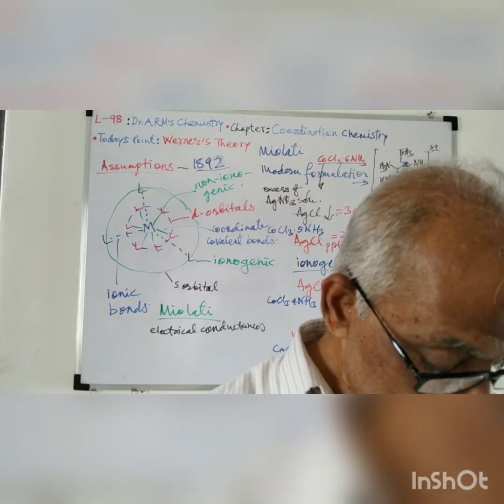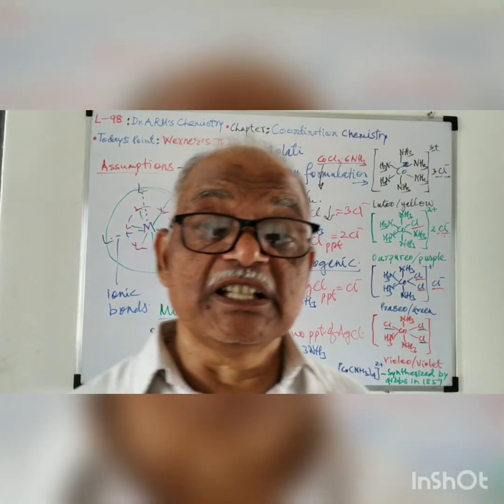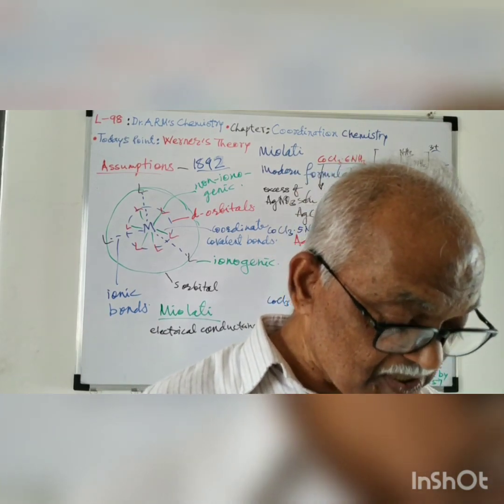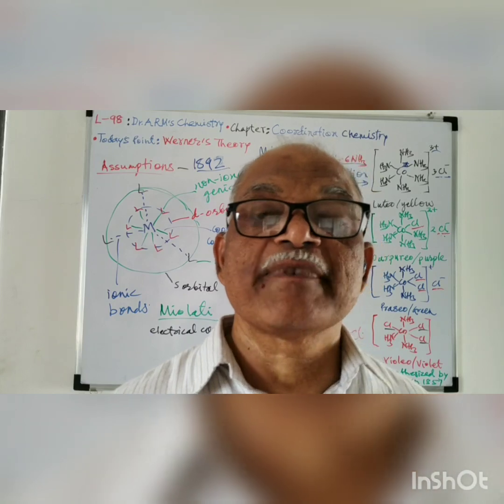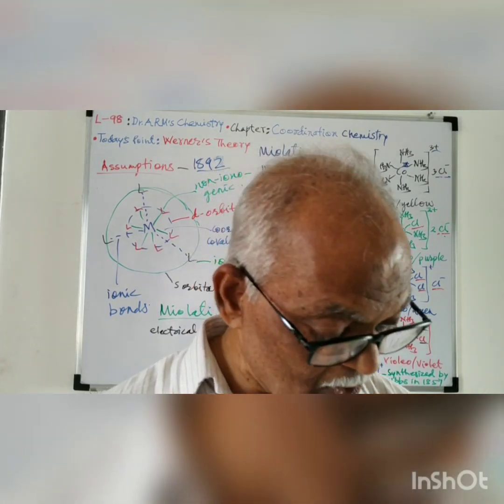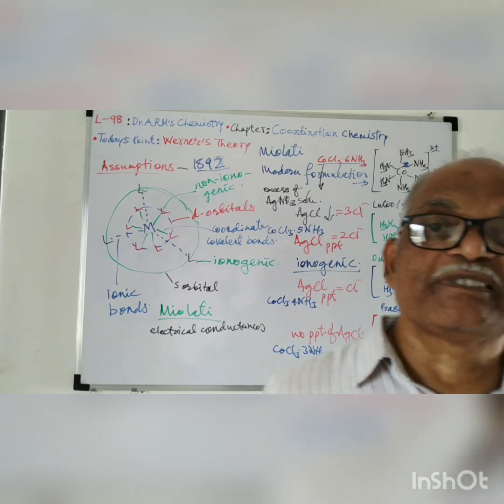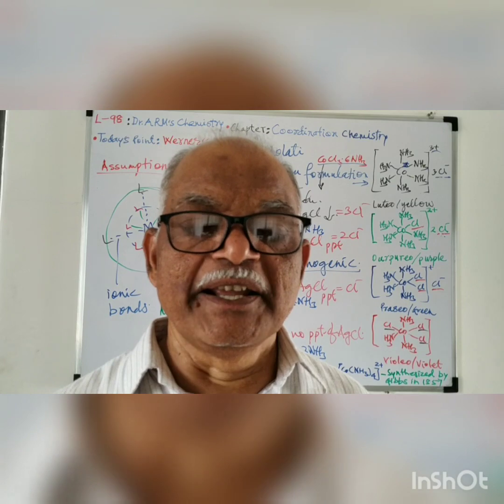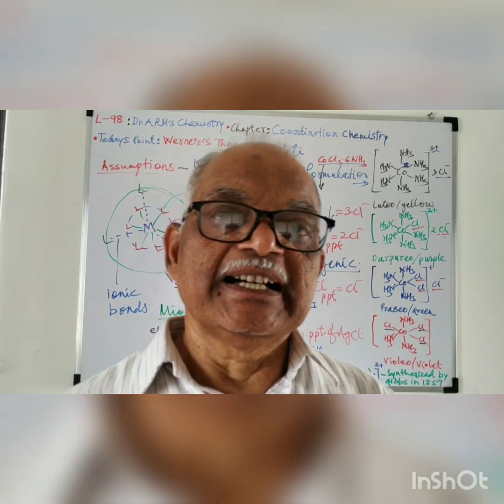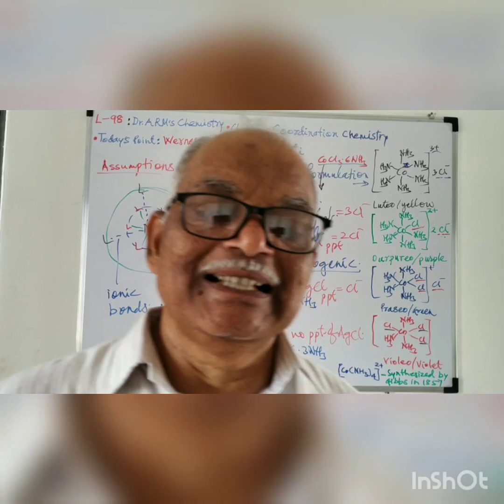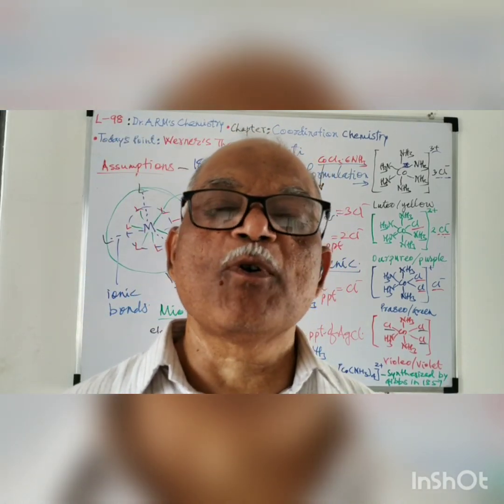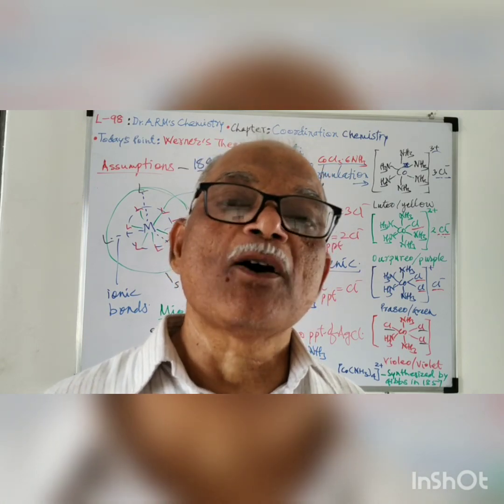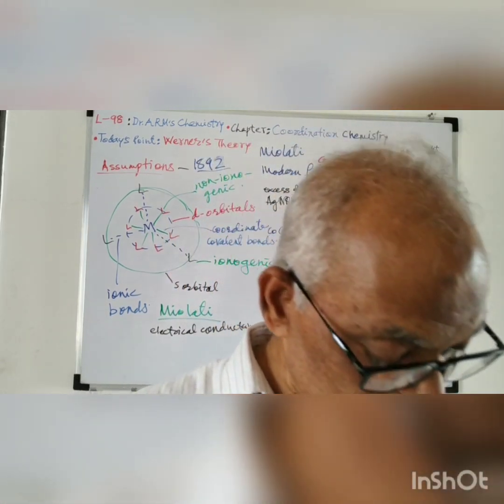So this shows how important Werner's concept was. Lewis had not yet shown his concept of dot formula. Later, considering the importance of Werner's theory, he was considered the father of coordination chemistry. So this was the greatness of his theory.